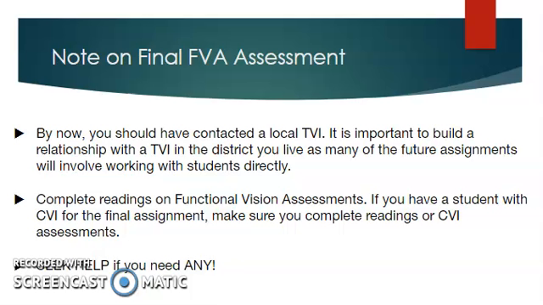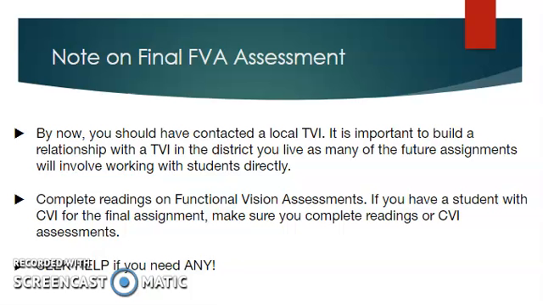And then the other thing is, before you do your final FVA assessment, some of you already have dates where you have to go and do the assessment. Just make sure you read everything that you need for the functional vision assessment. So if you have a student with CVI for the final assessment, make sure you complete your readings on CVI assessments.